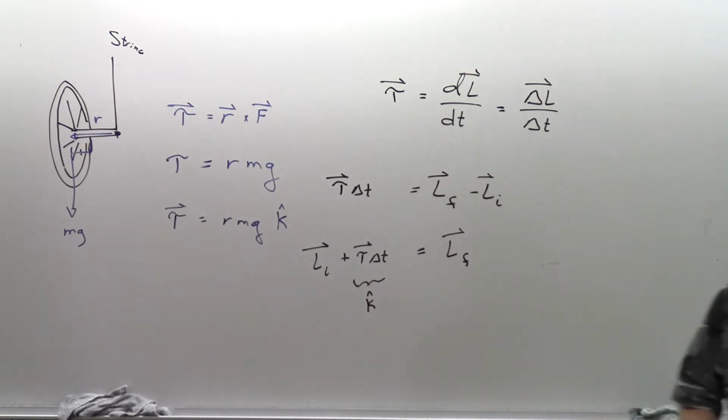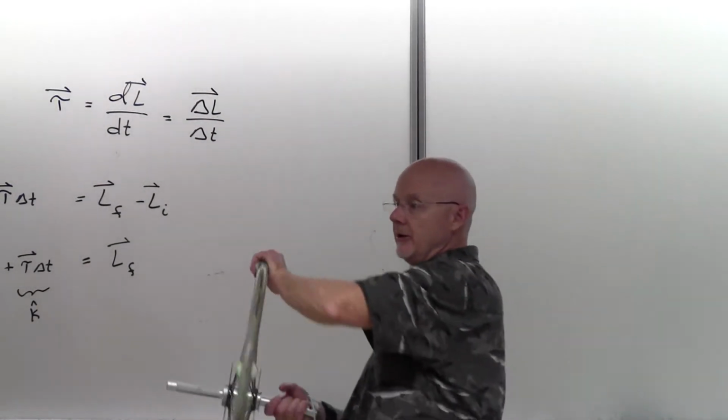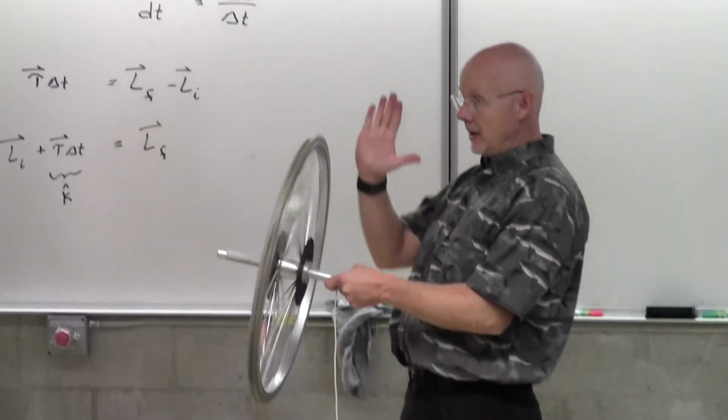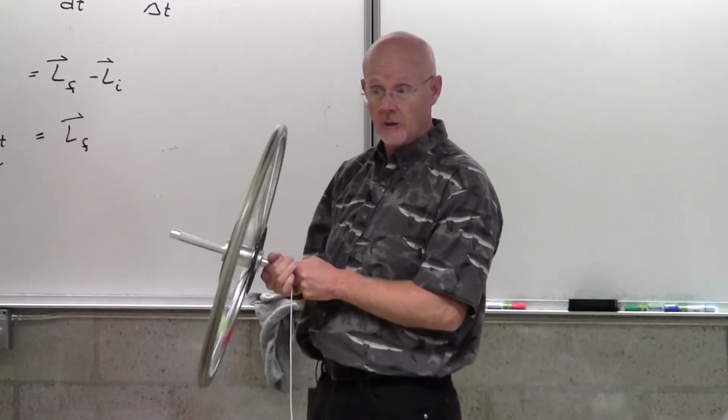But did you notice what direction the angular momentum started with? If I hold it here and spin it, take my right hand, curl it in the direction of the mass, isn't my thumb pointing in the x-axis?